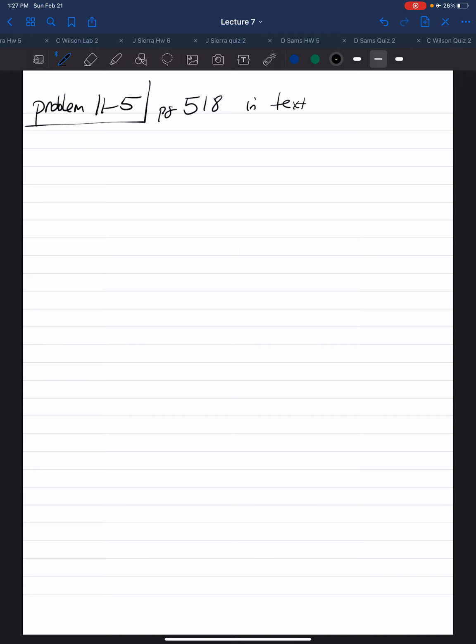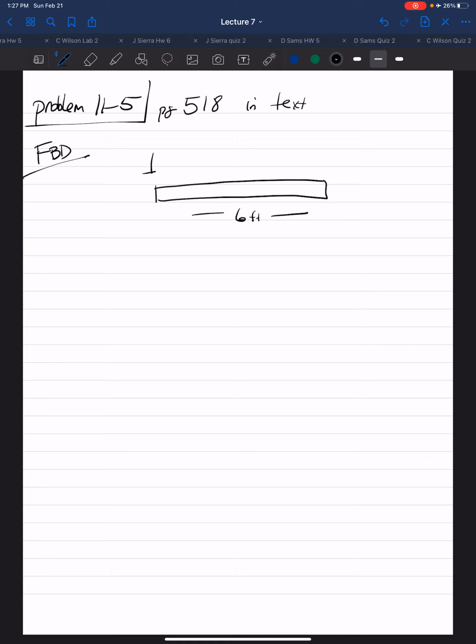So we have a triangular distributed loading. So let's start with our free body diagram of the beam. This is 6 feet in length.